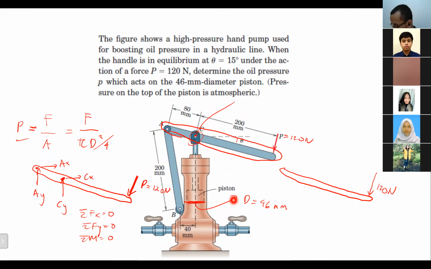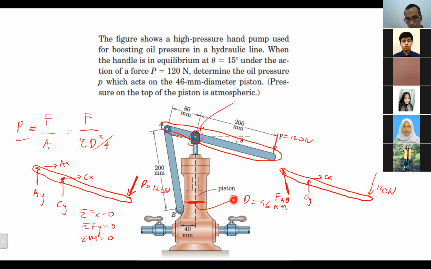Then at point C, Cx and Cy. At point A, because I know that AB is a two-force member, I can do it this way: FAB.